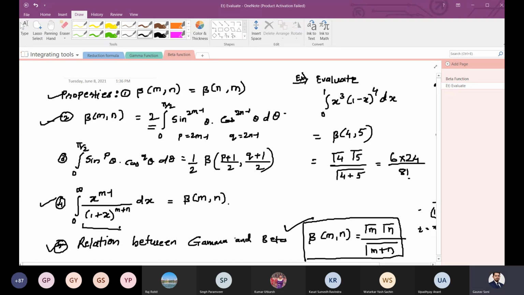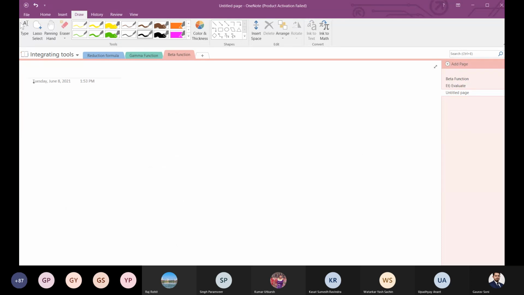The sixth property, gamma of p into gamma of 1 minus p. This property I should have given in the previous lecture itself, but no problem.